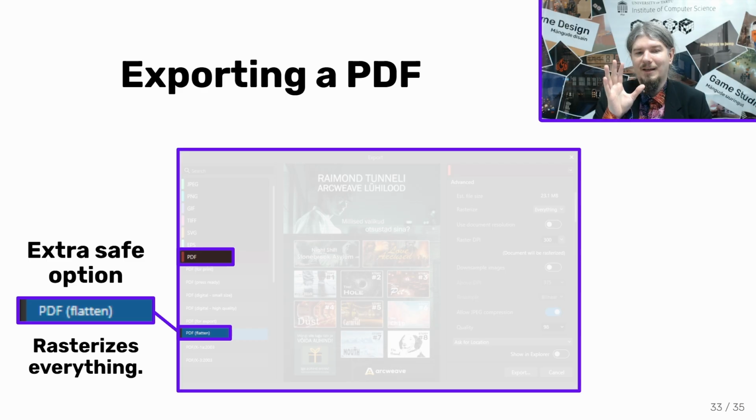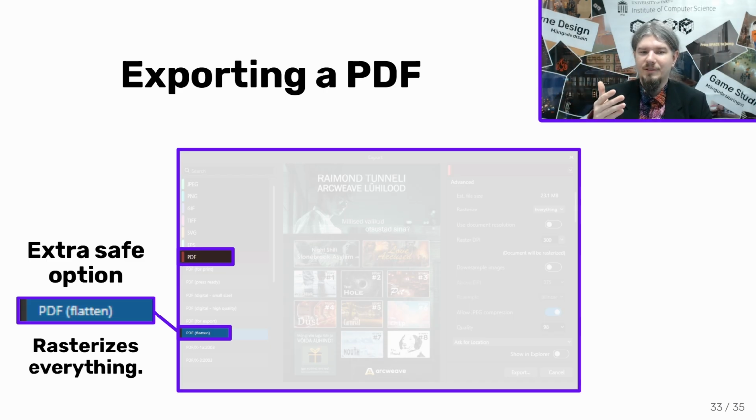But sometimes I've had issues with this when I had lots of layers or different elements layered on top of each other and having different blending modes configured for very specific blending of the layers. Then I've had issues where there are some layer artifacts on the print. So to be extra safe, if you used a bunch of layers, this flatten will rasterize everything. So in the end you will get a raster PDF.